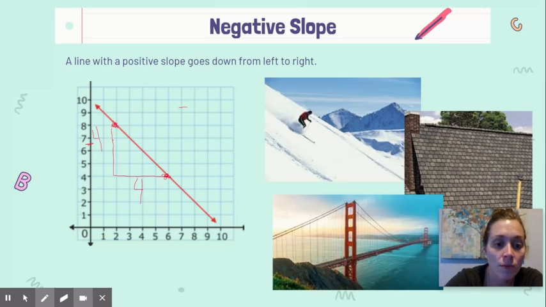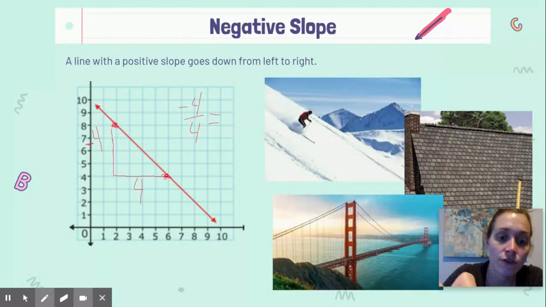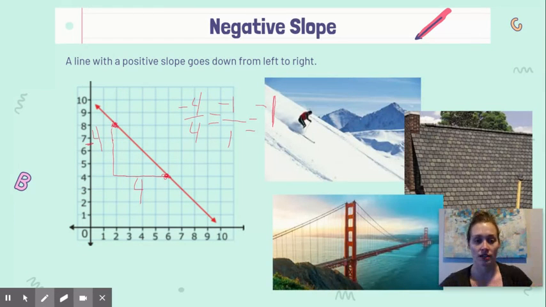So when I write my slope, rise over run, I have -4 over 4, which I can simplify. 4 goes into 4 one time, so -1 over 1. And 1's my denominator, so I can write that as a whole number. So my slope here is just -1.